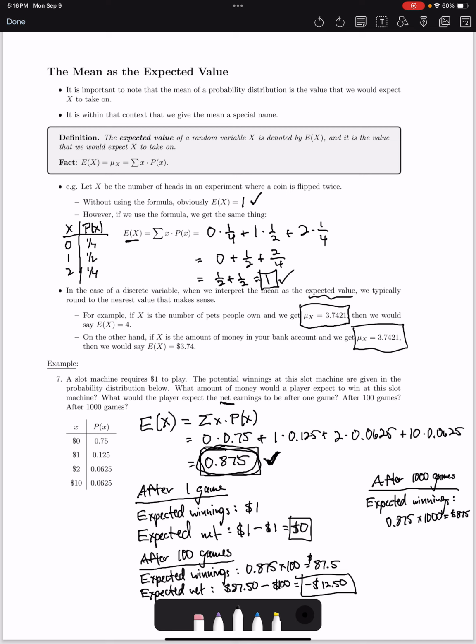Wow, that's amazing. Except that you had to pay $1 each time you played, right? So your expected net is going to be the 875 that you won minus the $1,000 it took to play 1,000 games, right? And so that's going to come out to negative $125. So you lose $125 after 1,000 games.